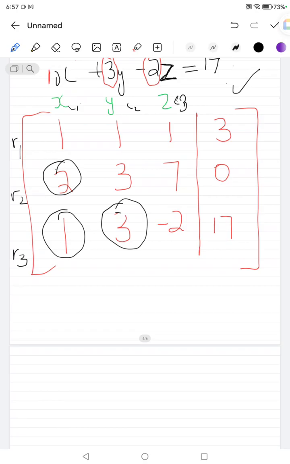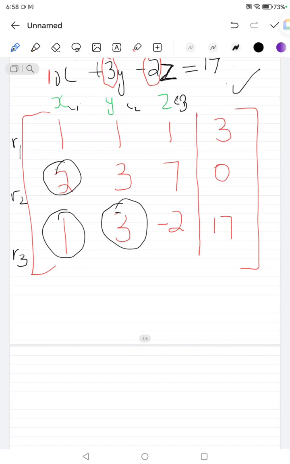First we check, what can we do to ensure that our row 3 has a 0? Because what we're basically doing is working with elimination. In this case, we're going to do the method of elimination.